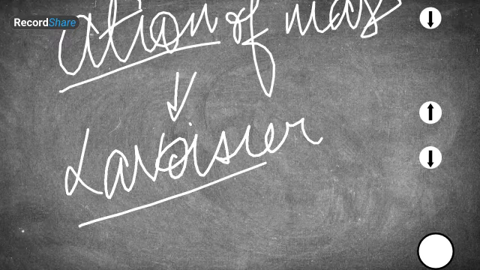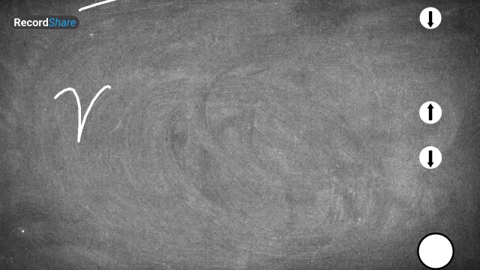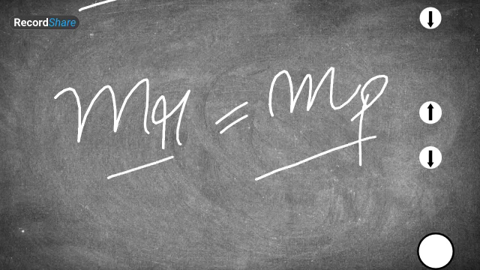According to this law, during any physical or chemical changes, total mass of reactant before the reaction is equal to total mass of products after the reaction. That is, matter can neither be created nor be destroyed.